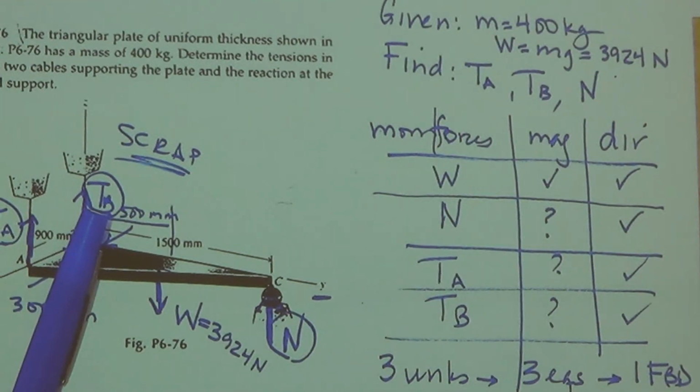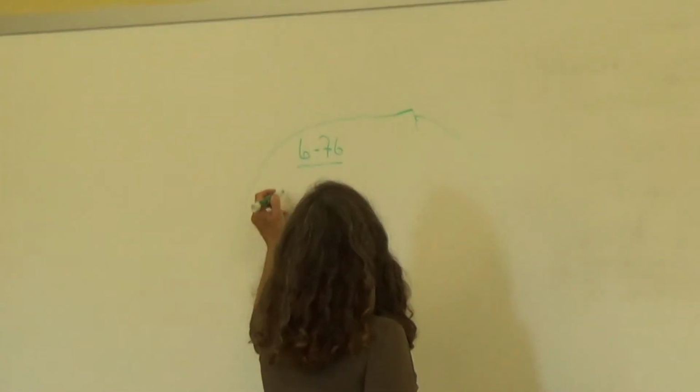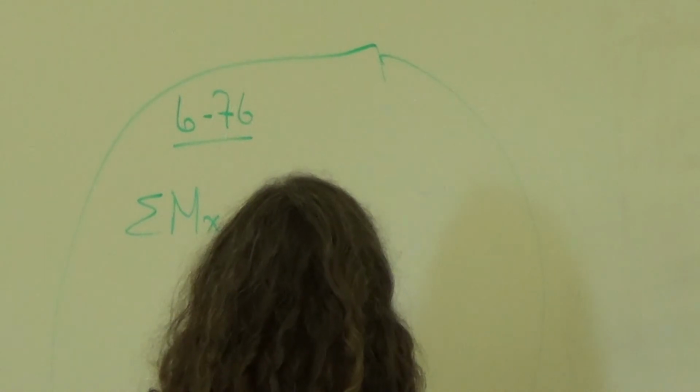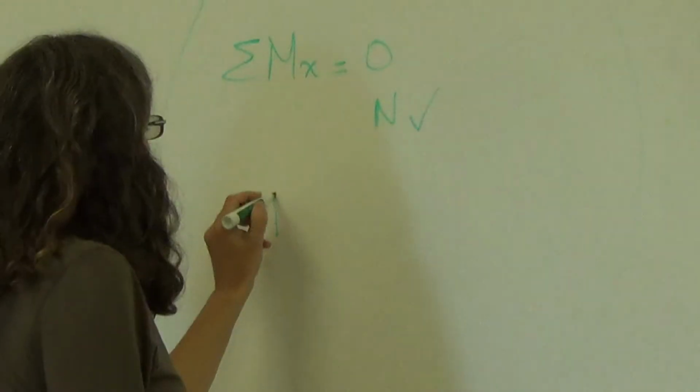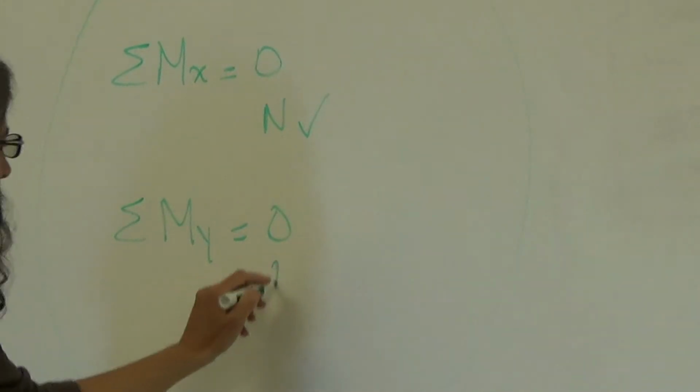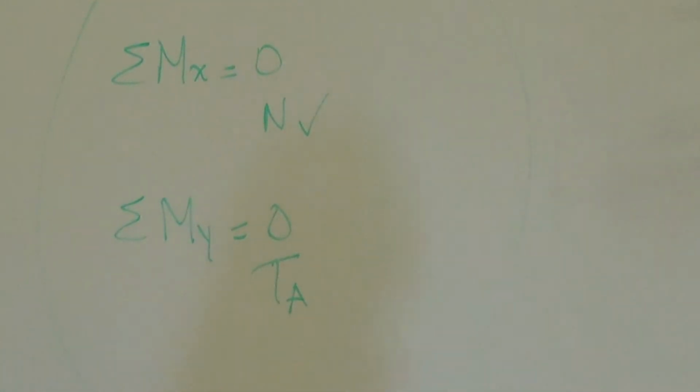So for this problem, we did sum of the moments about the x-axis equals 0, and we were able to find N. And then we did sum of the moments about y equals 0, and we were able to find TA, correct? And then we did sum of the forces in the z equals 0, and what did we find? TB.